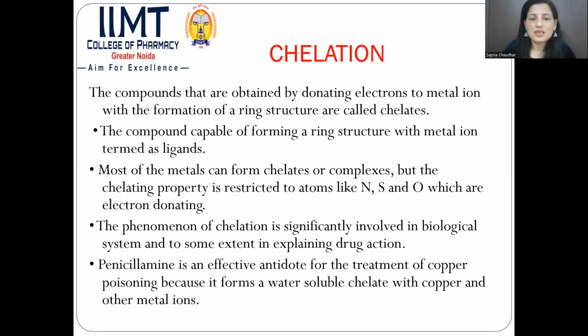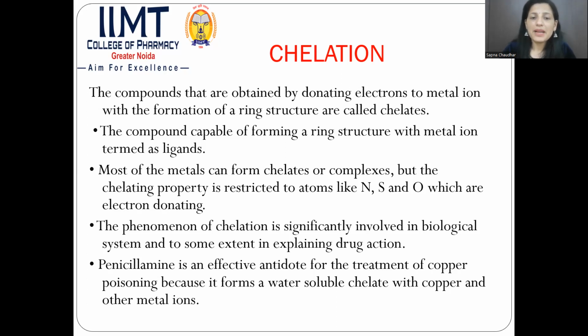Most of the metals can form chelates or complexes, but the chelating property is restricted to atoms like nitrogen, sulfur, and oxygen, which are electron donating. The phenomenon of chelation is significantly involved in biological systems, and to some extent in explaining drug action.